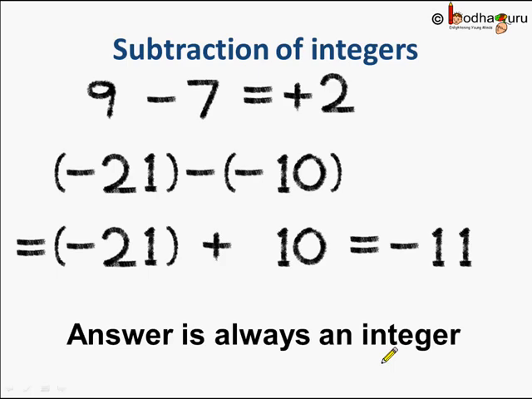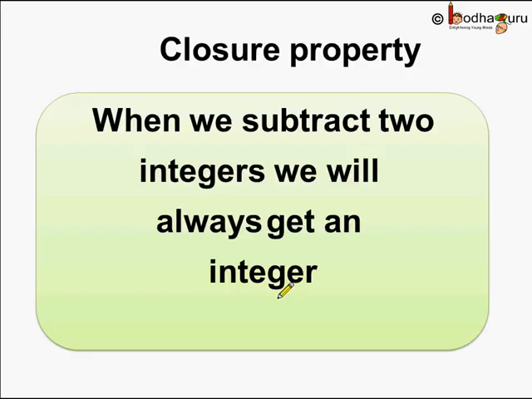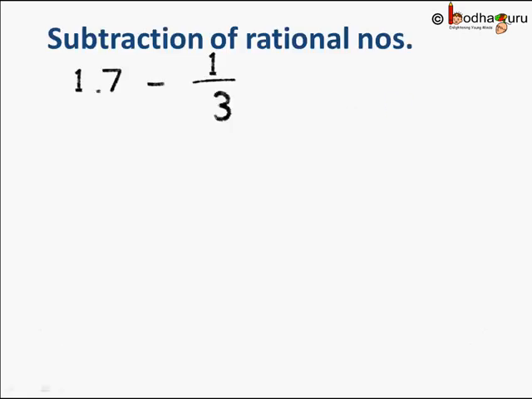As you can see, the answer is always an integer when we subtract one integer from another integer. So we say when we subtract two integers, we will always get an integer, and this is the closure property of subtraction. We say integers are closed under subtraction.